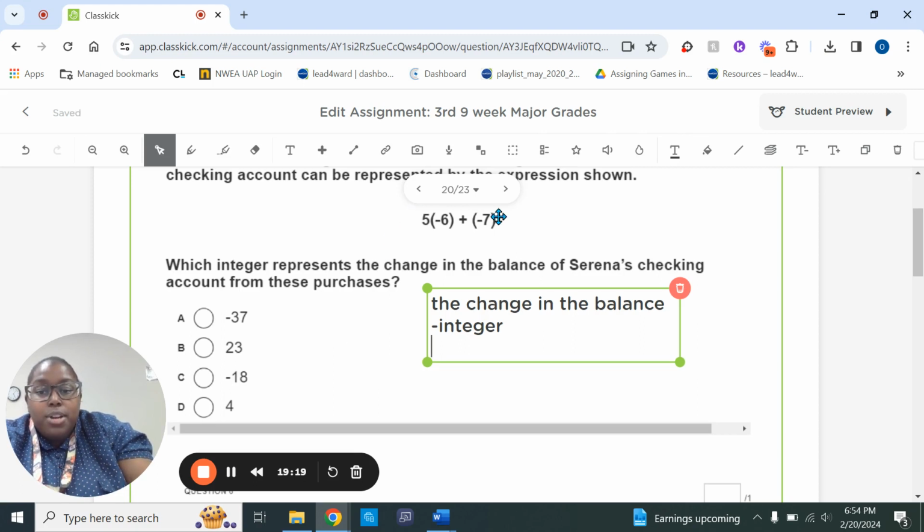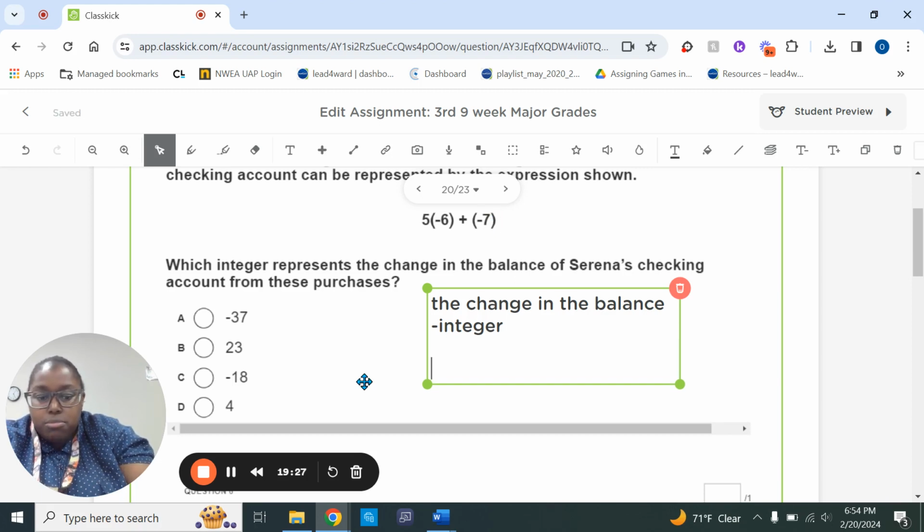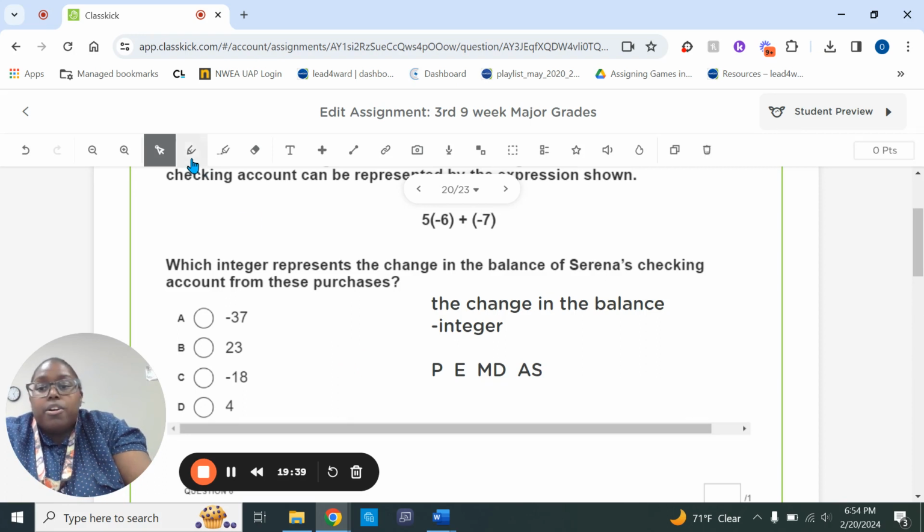Also, they gave you an expression that has more than one operation. And what do we use when we have more than one operation? If you said PEMDAS, congratulations, you are starting to see the light. If you did not say PEMDAS, I need you to work a little harder.